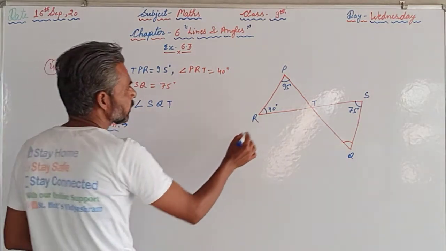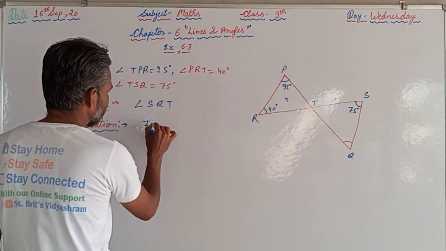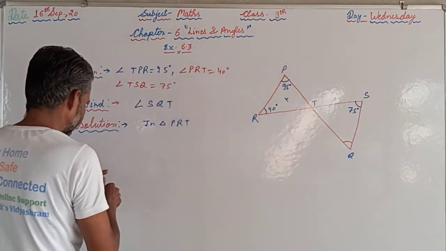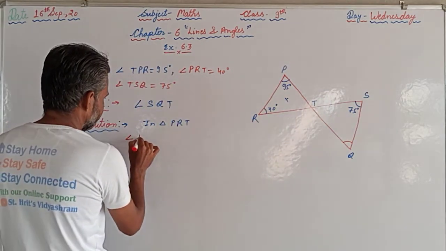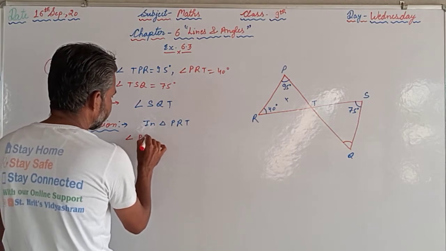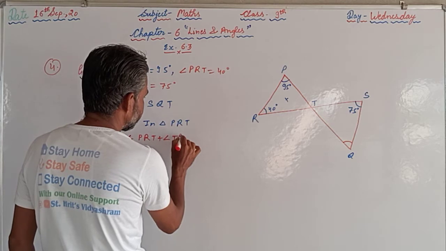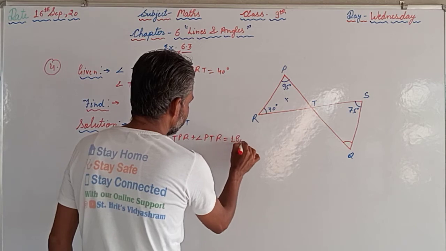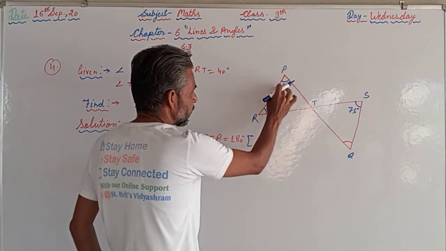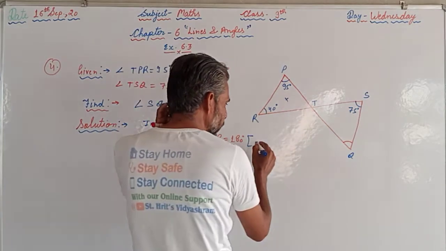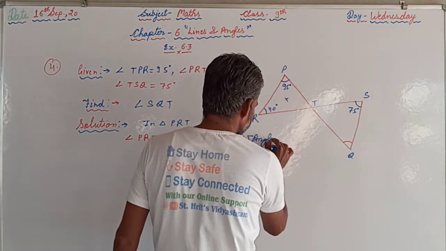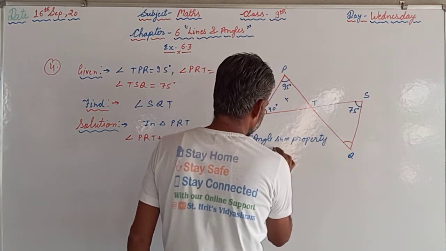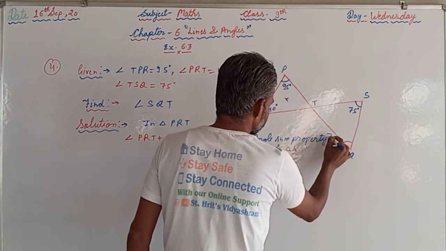in the solution we will consider this triangle. In triangle PRT, angle PRT plus angle TPR plus angle PTR is equals to 180 degree, means this angle plus this angle plus this angle will be 180 degree. Angle sum property of the triangles, we are using that.